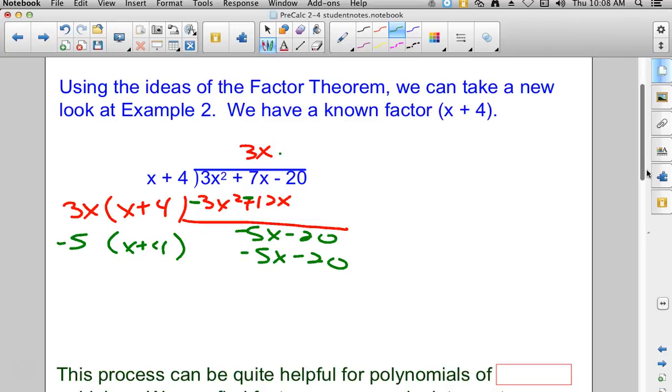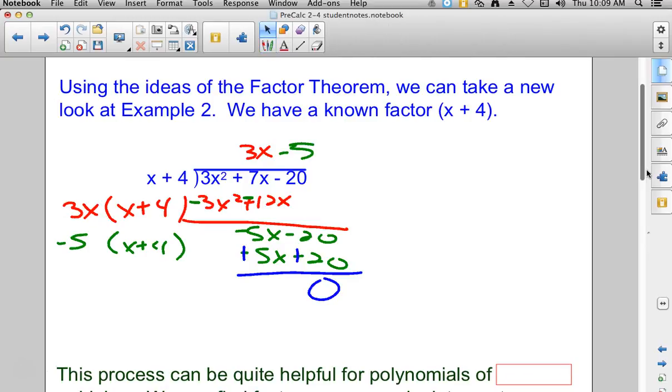It worked. We change the signs. And there's our other factor. Teacher's method is definitely faster. But it does give us another way to find the other factors that we have. So now we would also have a known factor of 3x minus 5.